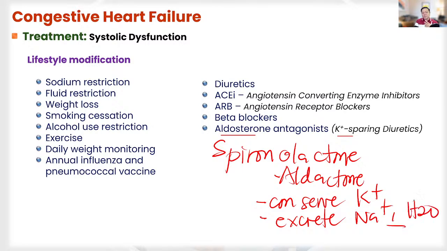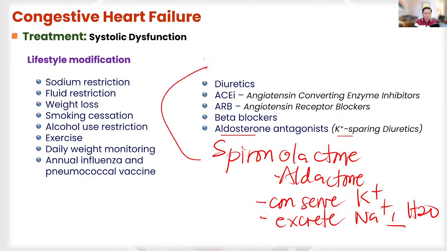So usually the spironolactone will be helpful for those patients that may end up with hypokalemia caused by the prolonged use of the loop diuretics. And so the spironolactone will kind of help even out the level of potassium in the bloodstream to prevent the hypokalemia.